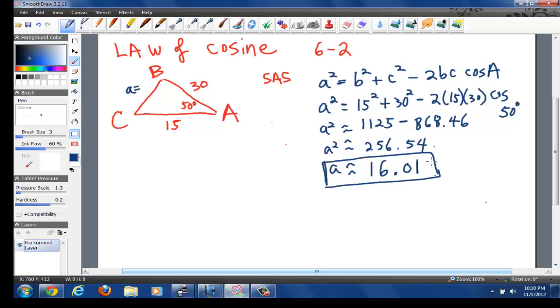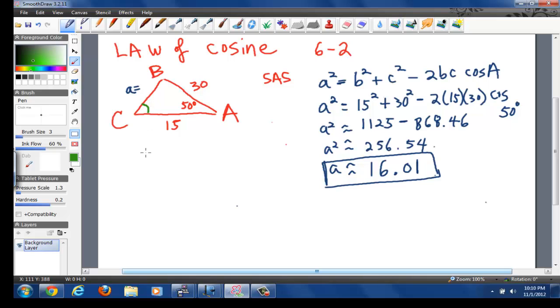Now we gotta find one of the angle measurements. So now we could use the law of sines. I'm gonna use a different color again, some dark green here. Let's look at how we're gonna find the other angle. Now I want to find C, this angle measurement here.